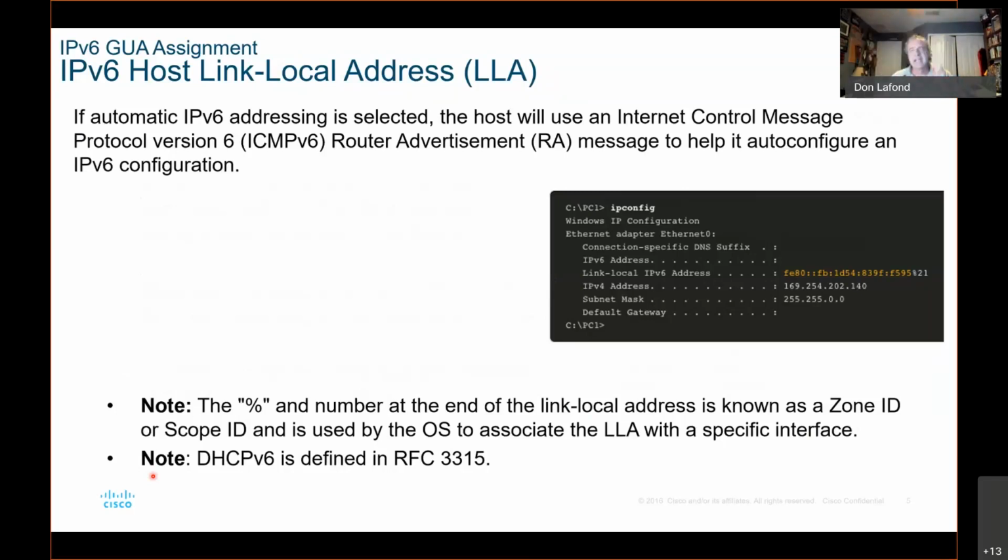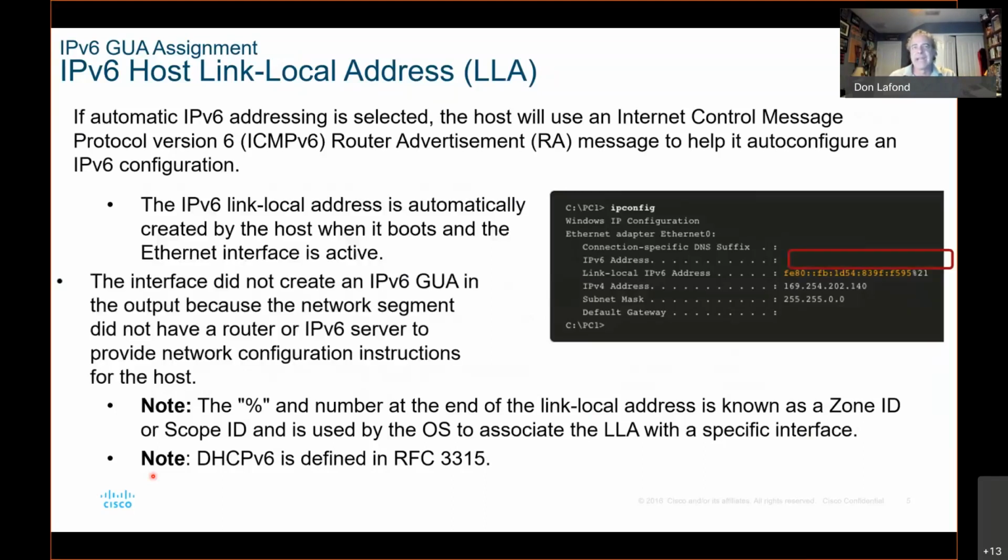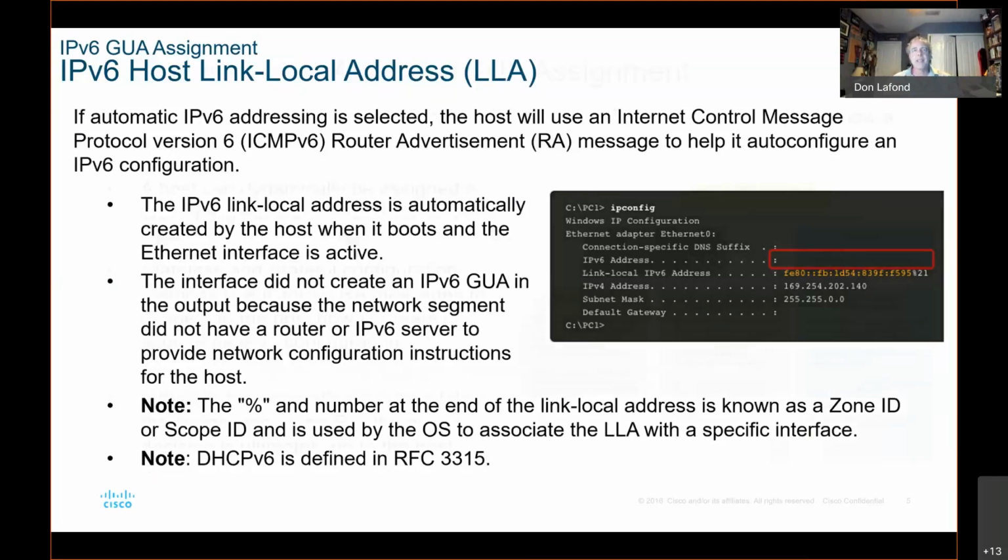ICMPv6 advertisements are only used to communicate between the different routers. Hosts within a network, through switches and whatnot, can talk to each other, but they can't leave the network. We need that IP address to be a global address to be able to get out of the network.